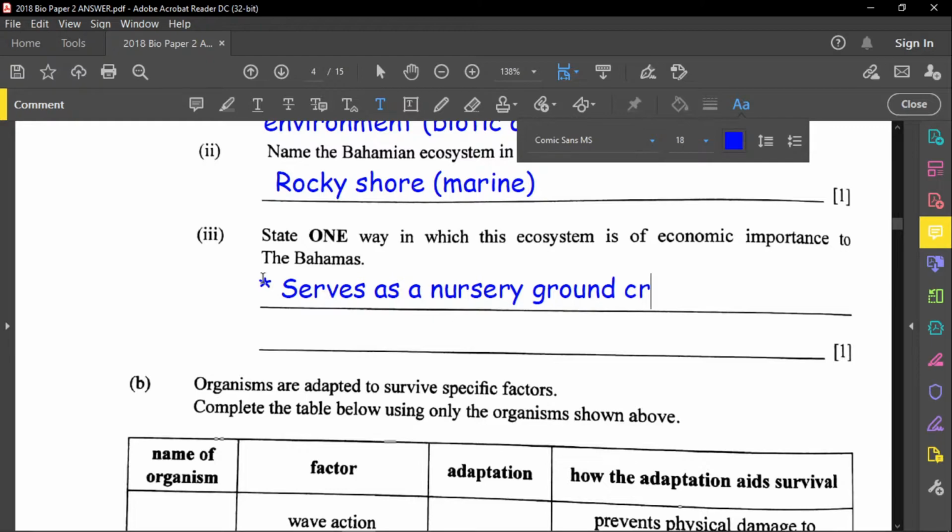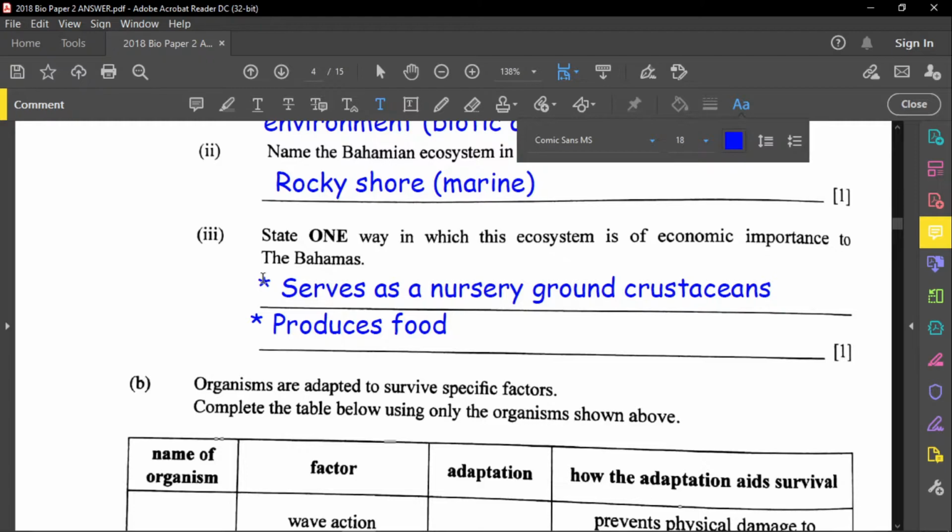Crustaceans can be found there, such as the crabs and so on. It also produces food for a lot of organisms as well. The food that we're talking about here is like algae, for example.